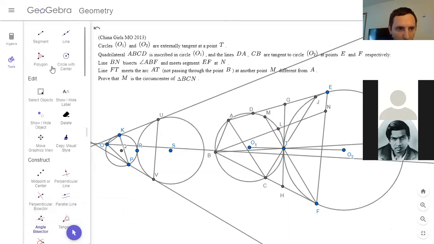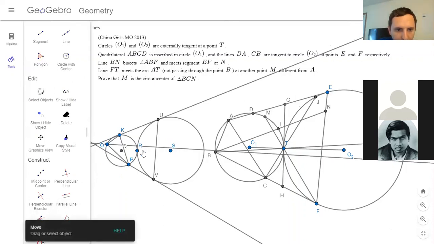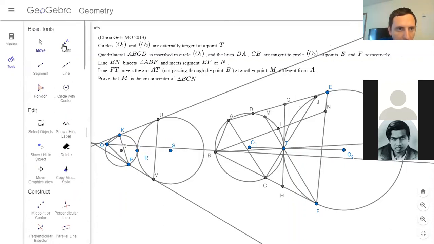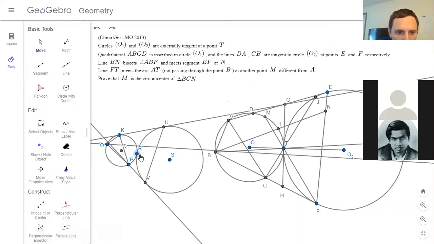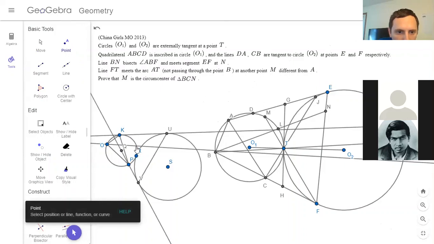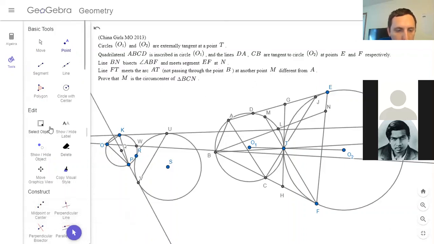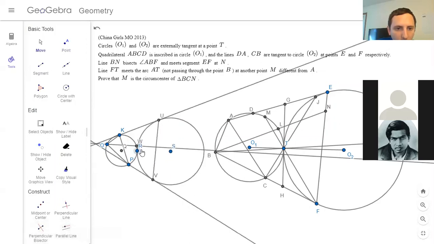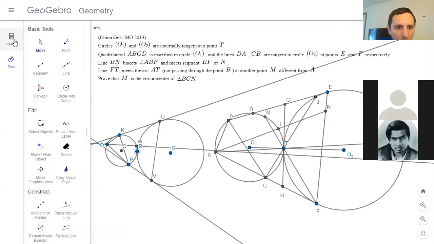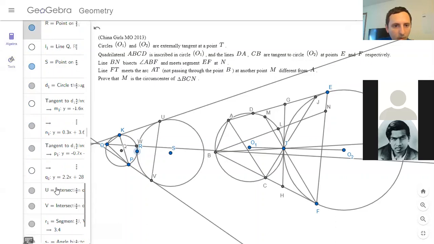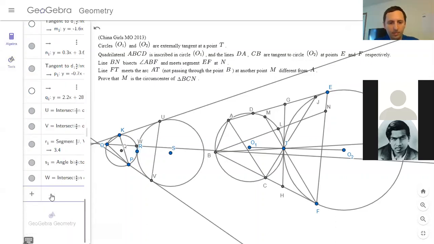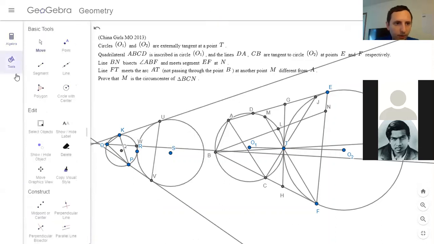So we want to draw, let me just draw this. Actually, I'll just do it this way.